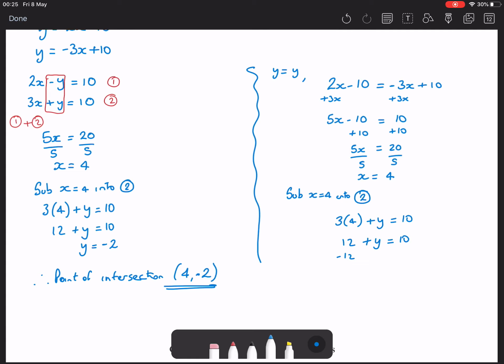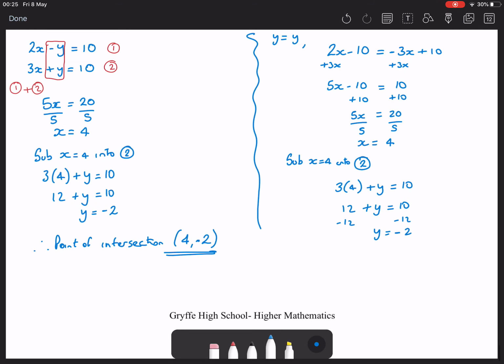And if I take away 12 from both sides, y is equal to minus 2. And again, I would answer my question, and therefore the point of intersection is x is 4 and y is minus 2.